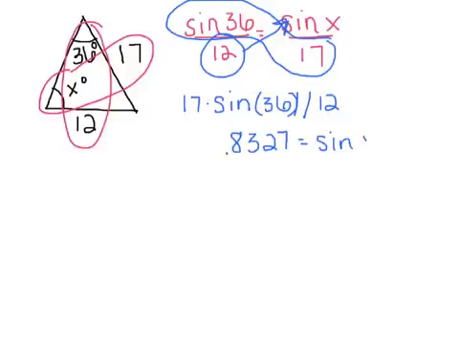So when you have this, 0.8327 equals sine x, how do you get back to the angle? Inverse, yeah. So you're going to type in sine -1 of 0.8327. And I get like 56 degrees.